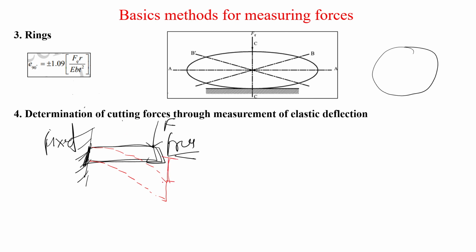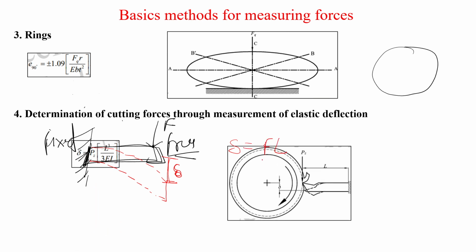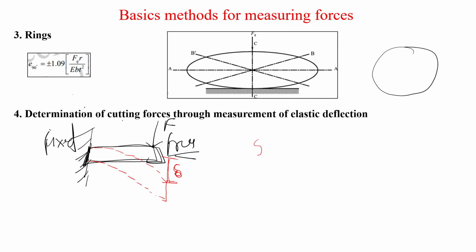It has moved from here to here, which is equal to delta. And this delta value for a cantilever, the standard value, is FL cube upon 3EI.